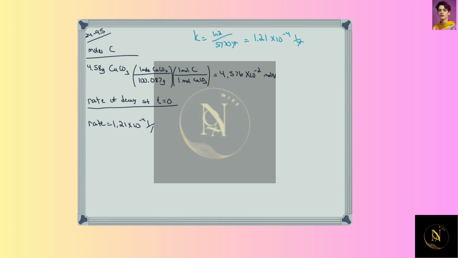So we need to convert our years into minutes. 1 year is 365.25 days. The 0.25 comes from leap year. And there's, in 1 day, 24 hours. And then in 1 hour, 60 minutes. So this right here corresponds to K in units of 1 over minutes.